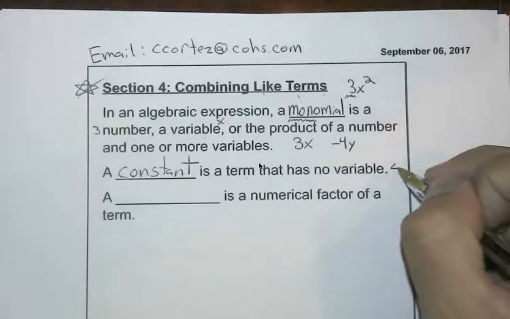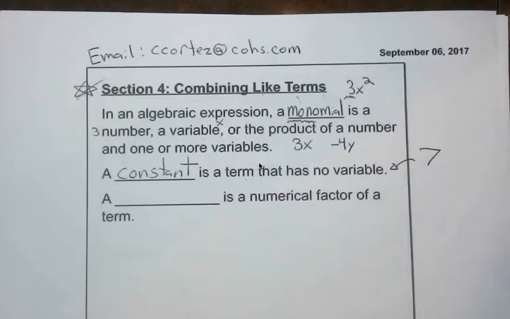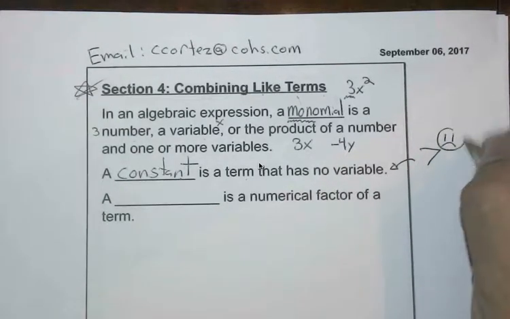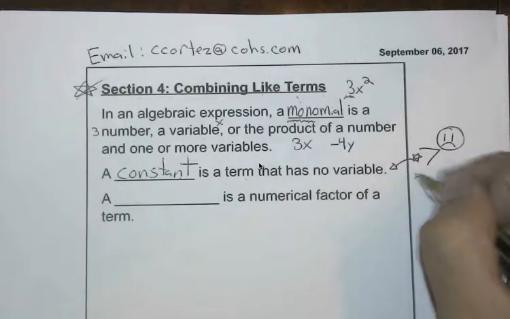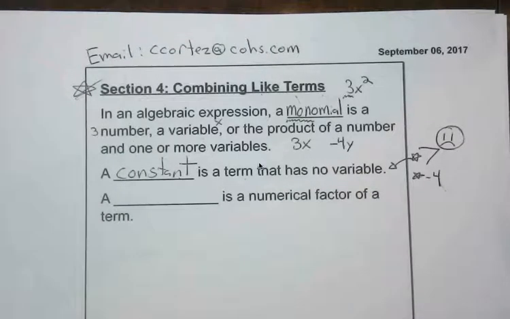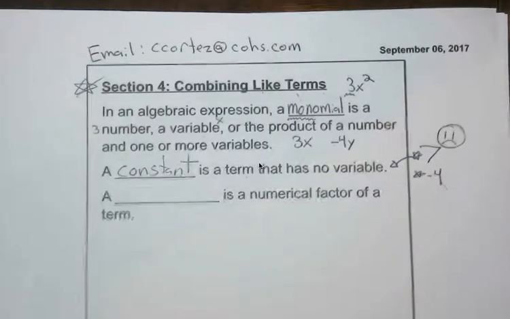So for something where you just see 7 on its own, what a shame. If you see negative 4 on its own in a problem, what a shame. No variable. That's just a shame. It's still a constant, though. It's a constant shame. You can think of it like that.